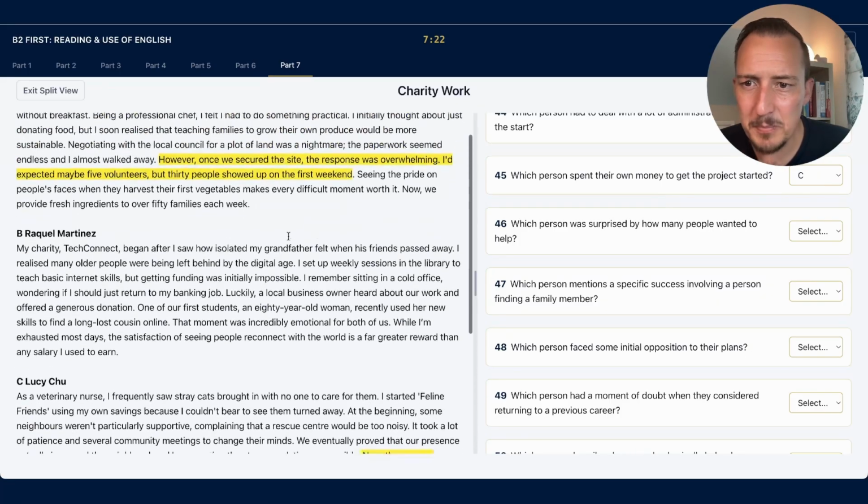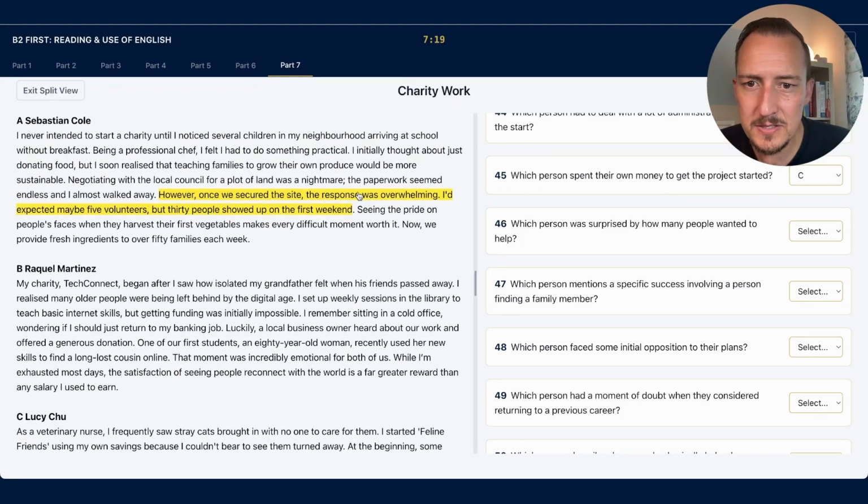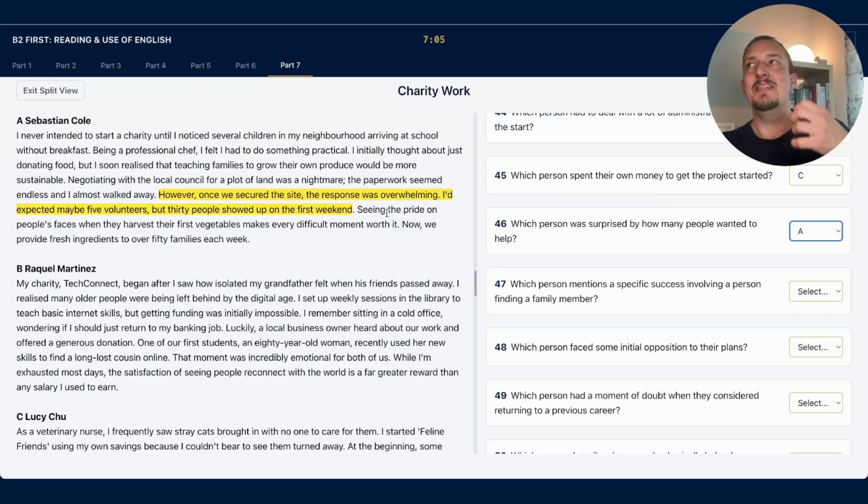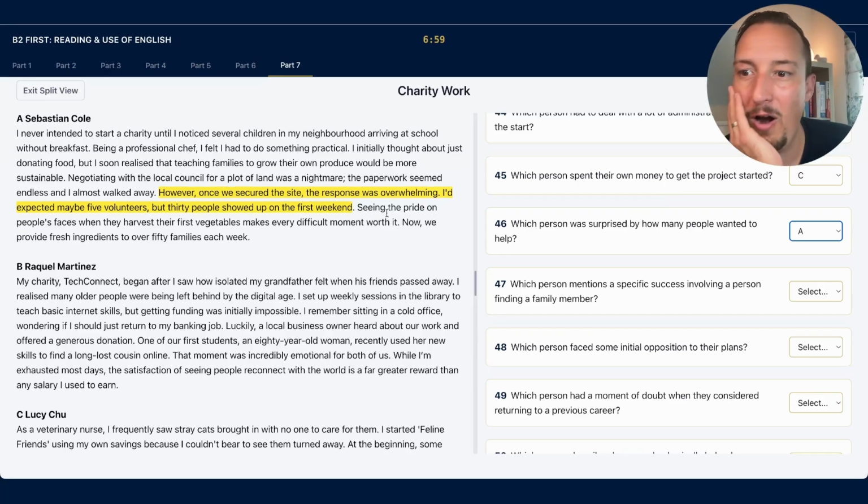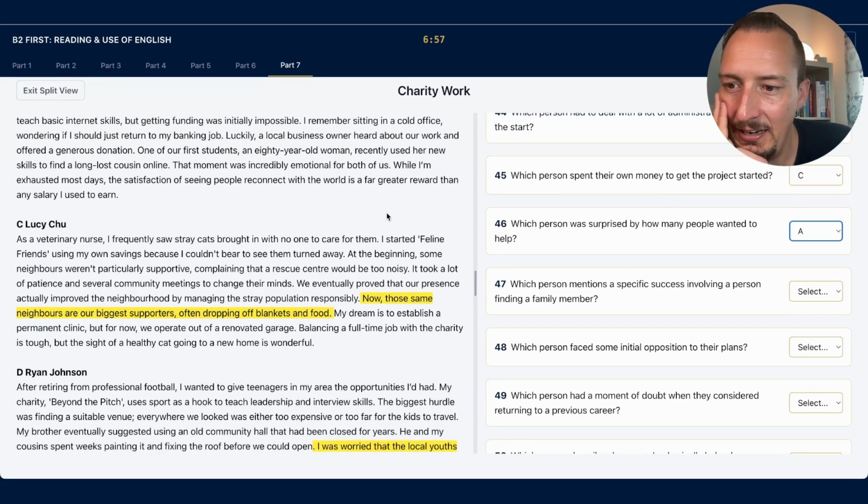No suggestion of surprise. However, once overwhelming, I'd expected maybe 5. Bingo. Yes, A is the one. Was surprised. I'd expected 5 volunteers, but 30 people showed up. So the idea here is you expect something and then so many more people. So you would be surprised by that, essentially.